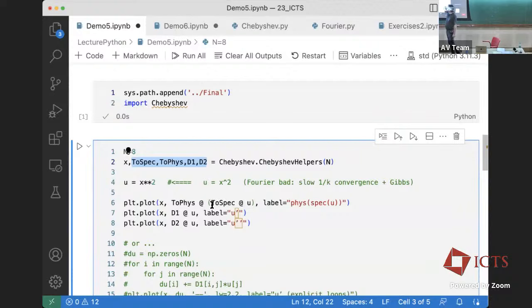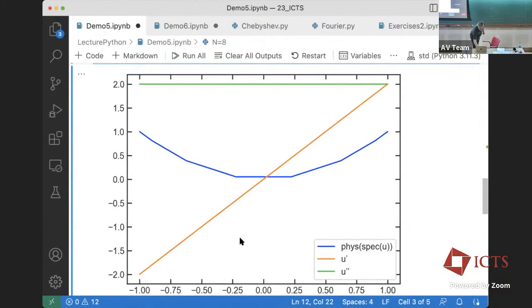X squared, and what I'm doing here first is I'm taking my function, multiplying by the S matrix, multiplying by the P matrix, and what I should find back then is the same x squared I started out with. And hopefully this is visible in the plot below. Yep, that's this line here, which is x squared.